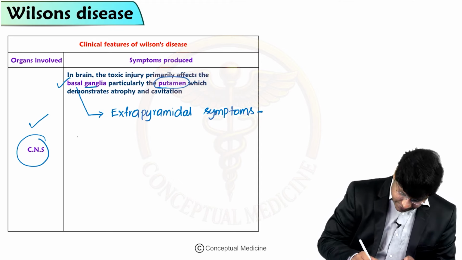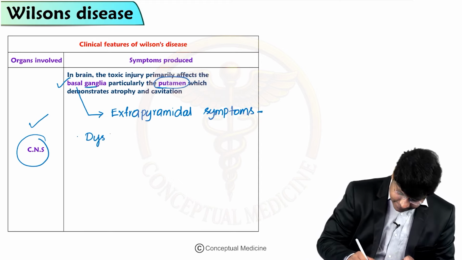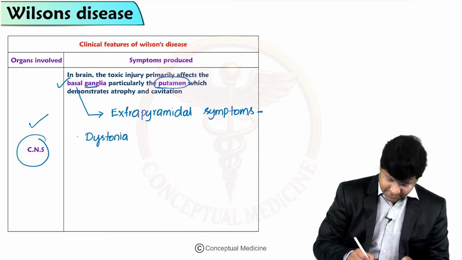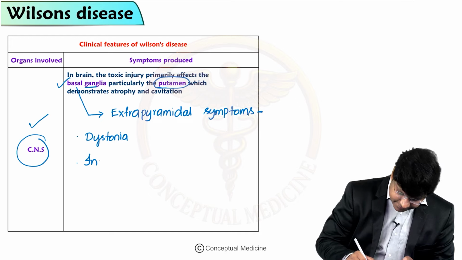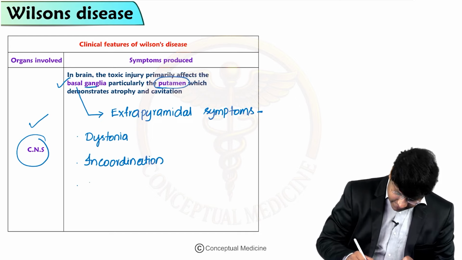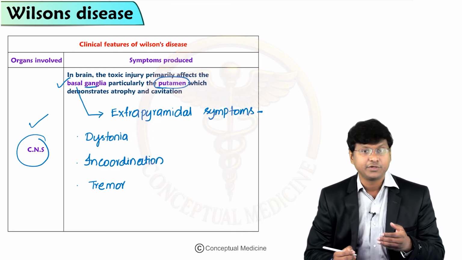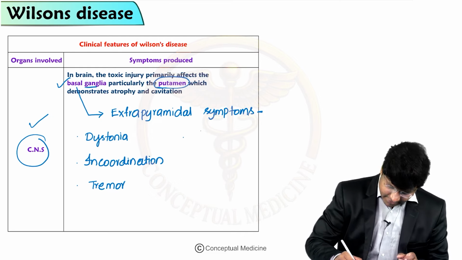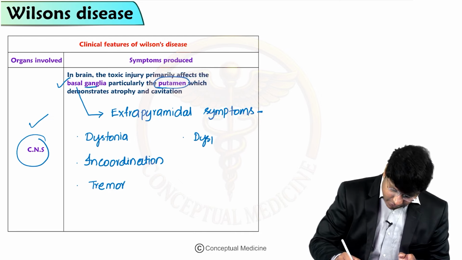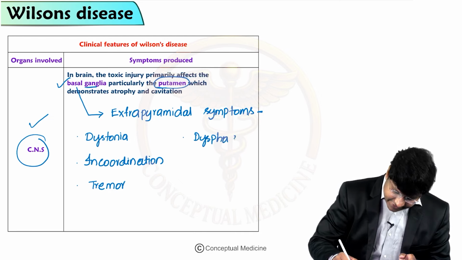That includes dystonia, where there is abnormal tone. There will be incoordination, and there can be development of tremor, and the bulbar manifestations in the form of dysphagia, where there is difficulty in swallowing.